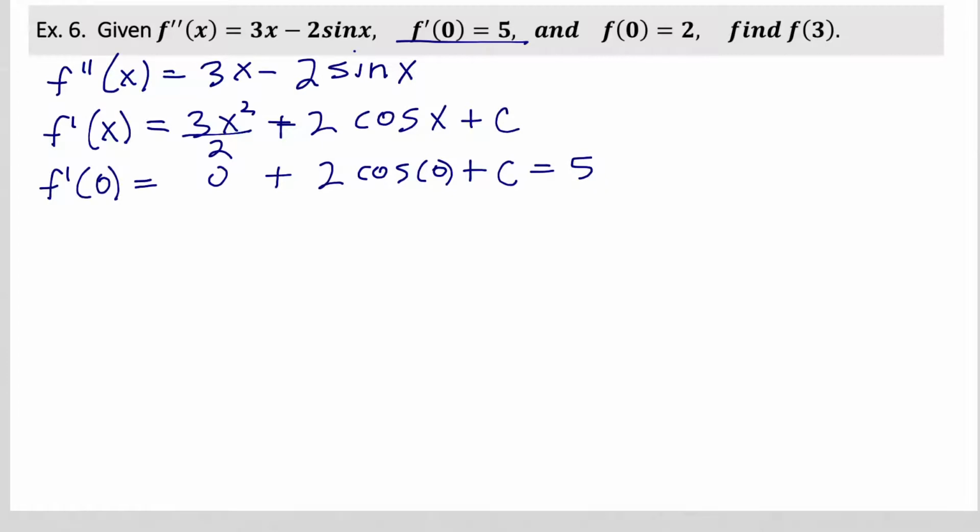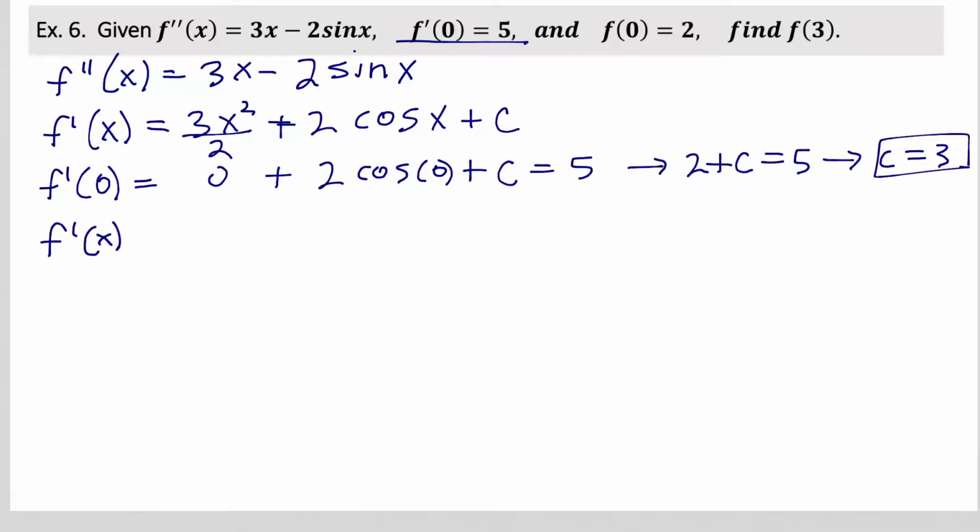So we know cosine of 0 is 1, so that means 2 plus c is equal to 5, so c must be 3. So now I know that my full function f prime of x is 3 halves x squared plus 2 cosine of x plus 3.